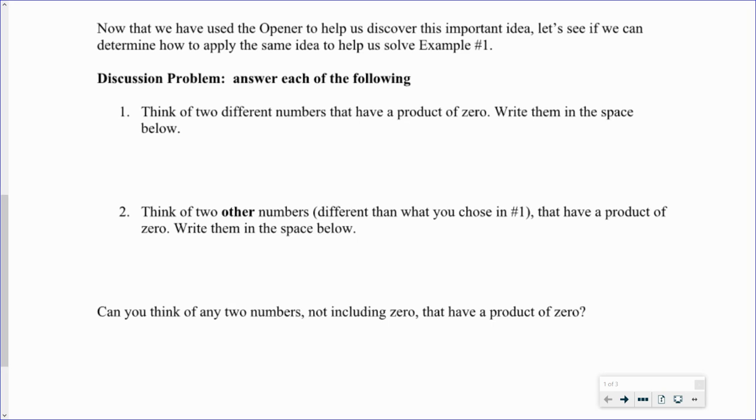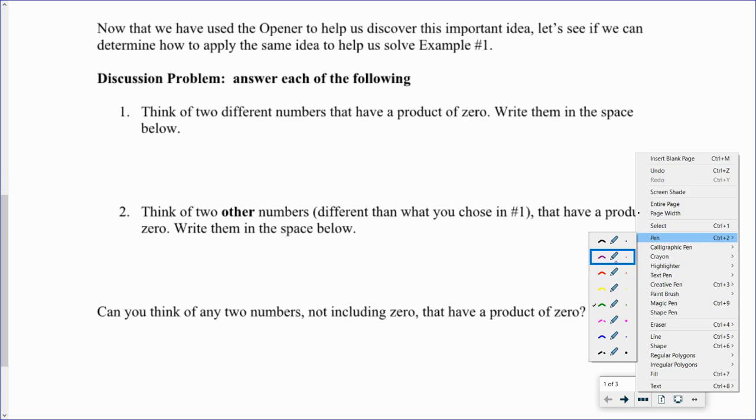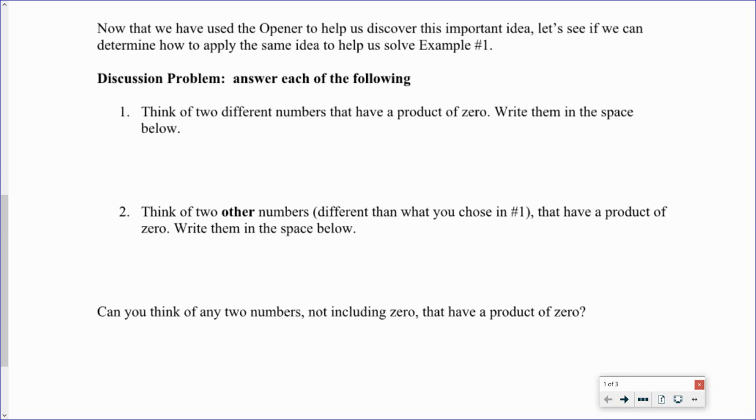I'm actually going to use the number that we just found for x up top, negative 3. So I'm thinking, what number do I have to multiply times negative 3 to get a product that's equal to 0? Well, that has to be 0. That's the only option that we have. Negative 3 times any other number is not going to equal 0.